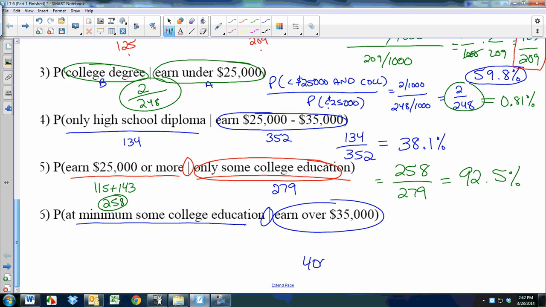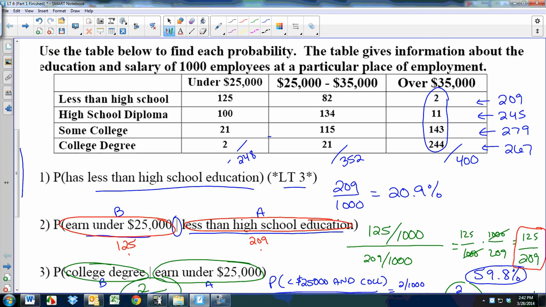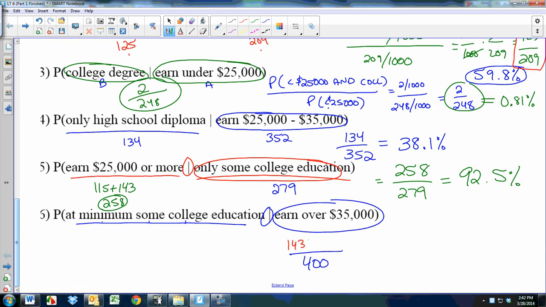So out of those 400, how many have at minimum some college? These people, 143 of them, have some college, and so do these people, because they graduated from college. So 143 plus 244 gives you 387 out of 400, or approximately 96.8%.